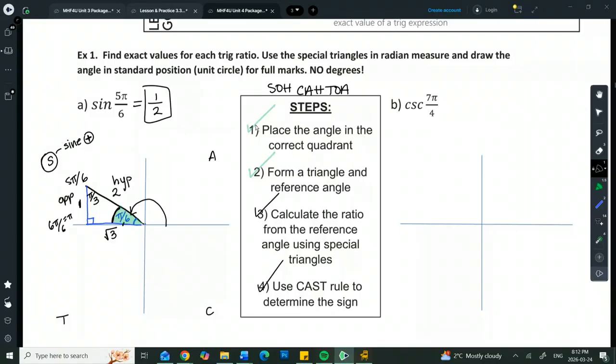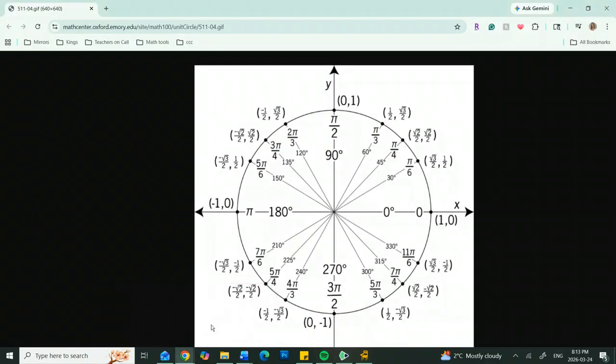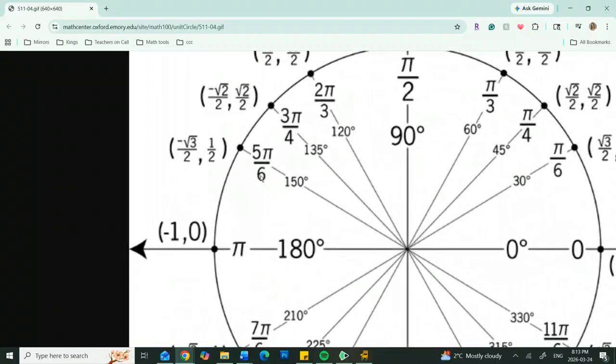Okay. Now, if we look at the unit circle, I'll show you kind of an interesting thing. If you get to know how to use these points, which I'll explain further in my next lesson, if you look at the 5 pi over 6 location and you look at the y coordinate at that location, that actually tells you the value of sine of 5 pi over 6 at this specific radian measure value.